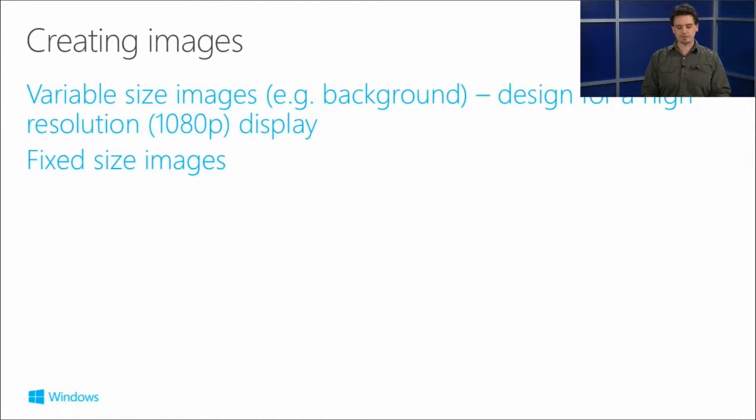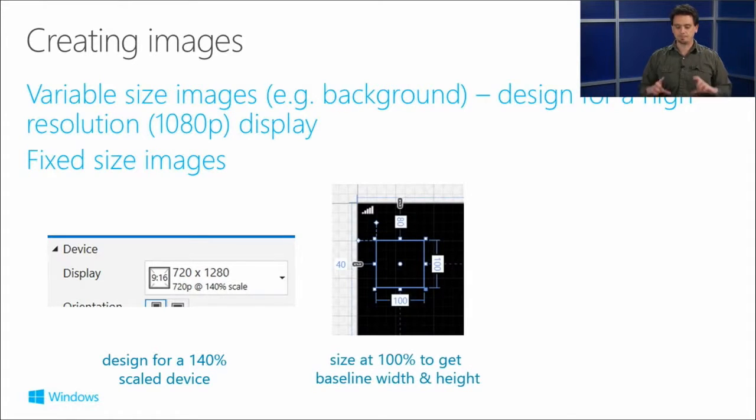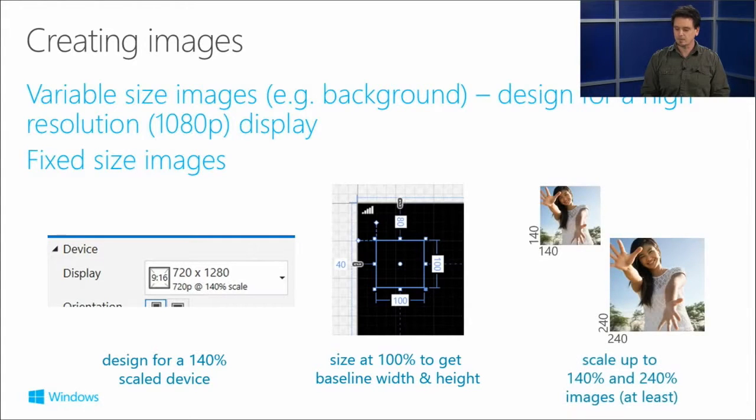When we're looking at fixed size images, we want to start by designing for a 140 scale device, or a 1.4 scale device. If we open up our design area and size at 100% to get our baseline width and height, we can take that number, in this case 100 pixels by 100 pixels, and scale it up to other images.